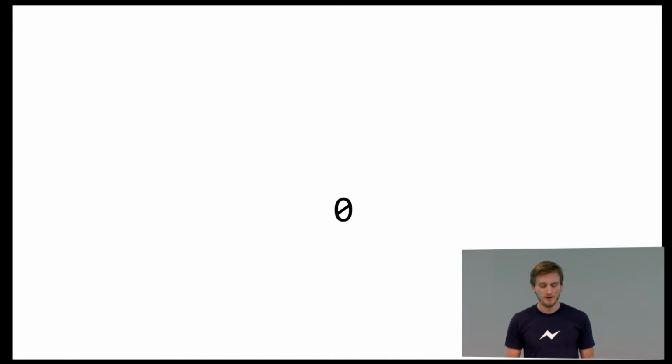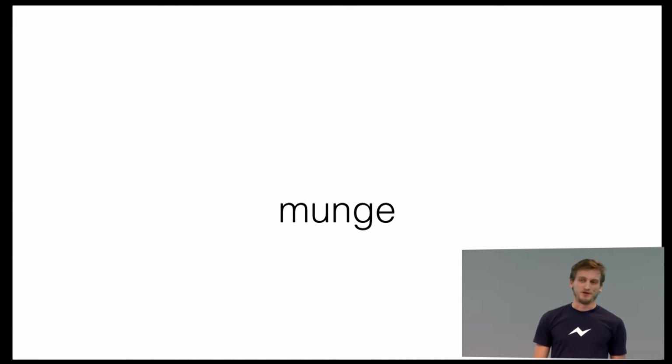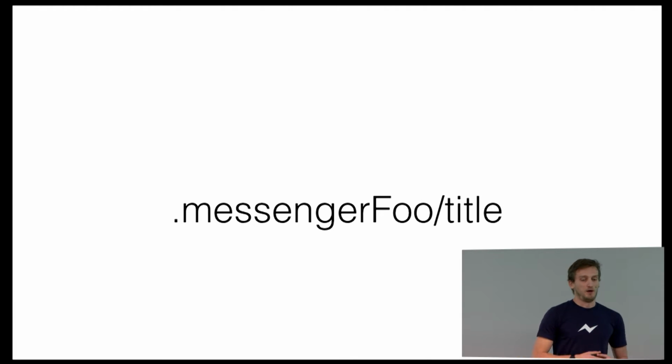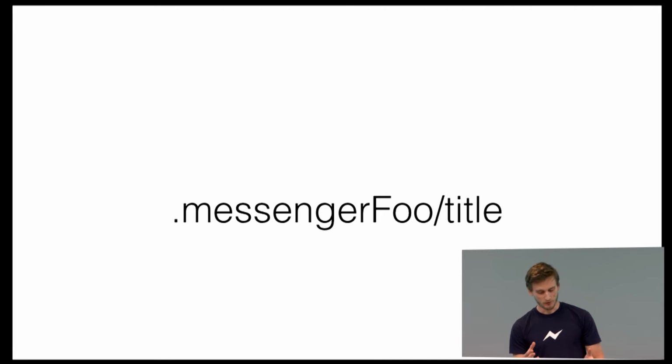There's no need. We also munch things. Are you familiar with the term? Well, humans are silly. We need something to tell us a story. This rule clearly is the title rule from the Messenger Foo module. It's very easy for me to know that, but a machine doesn't need to know this. A machine needs a unique string. Let's give it one that is very short, right?